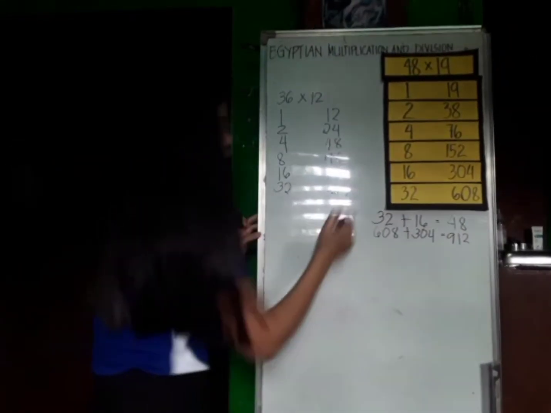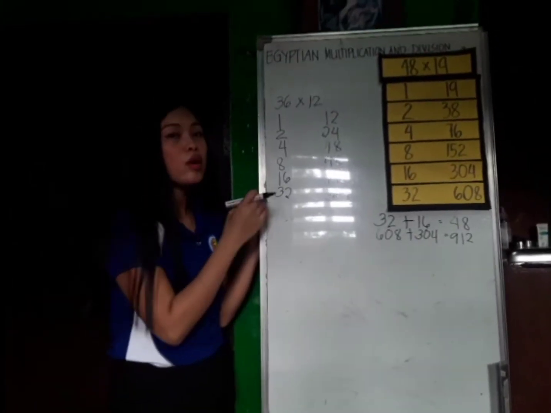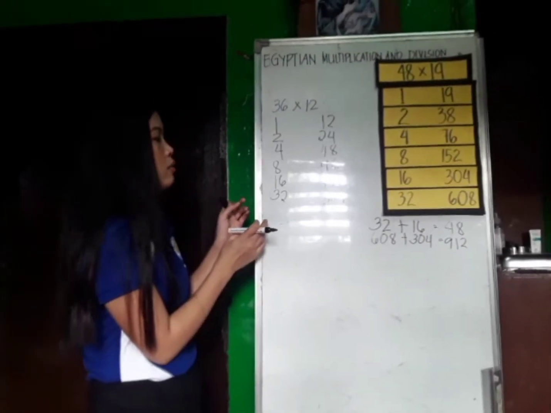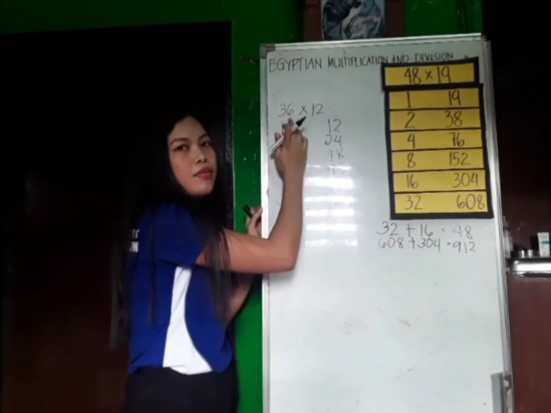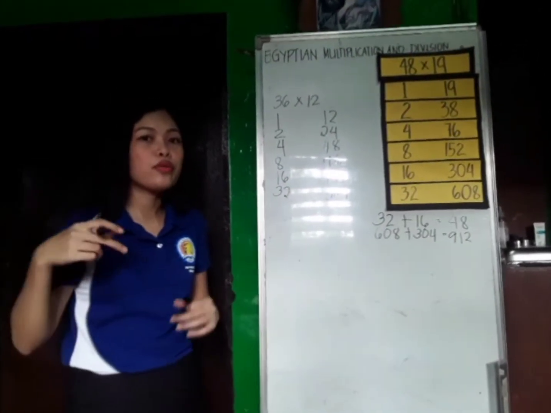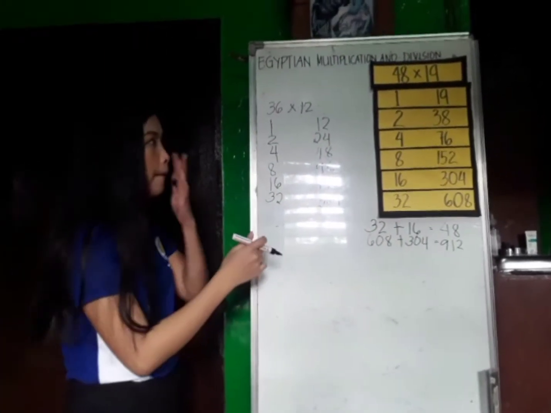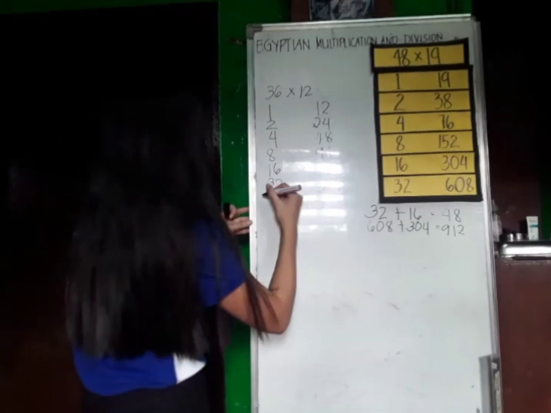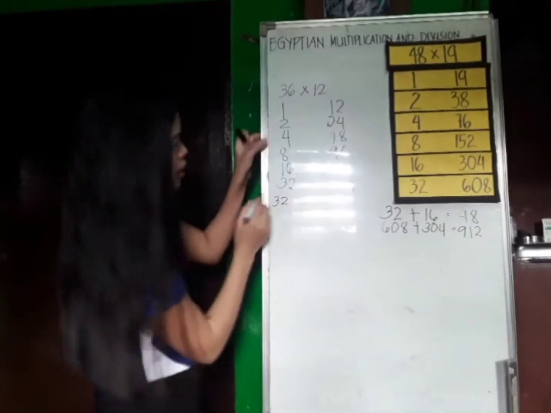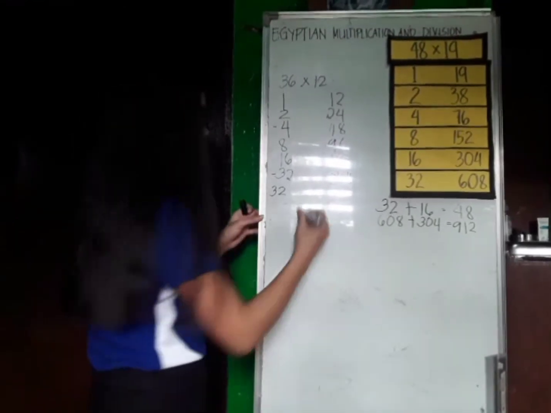Again, we need to stop at 32 because if we double it, that will be 64, and we only have 36. Am I right? So again, we will look for numbers that, if we add them, the answer will be 36. That will be 32 plus 4.